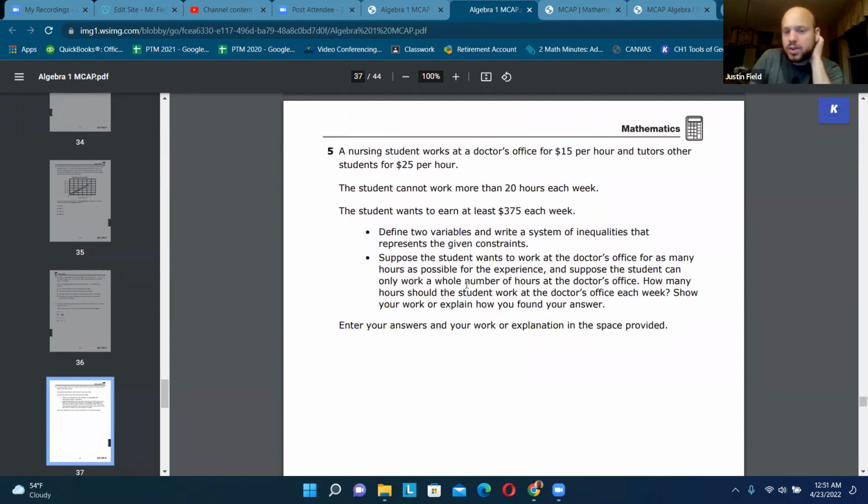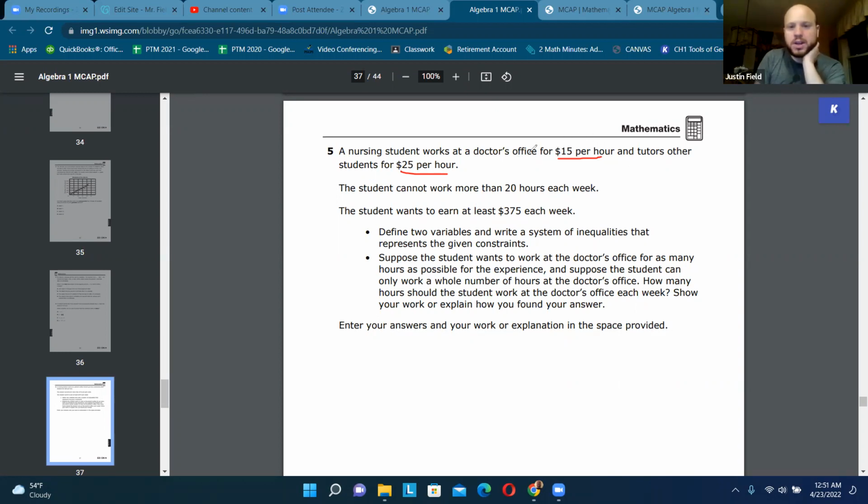A nursing student works at a doctor's office for $15 per hour, slope, and tutors students for $25 per hour, slope. So when I see two slopes, I'm thinking standard form, okay?